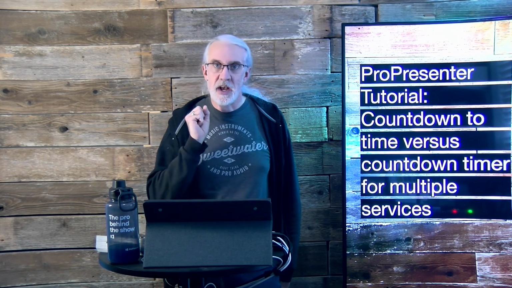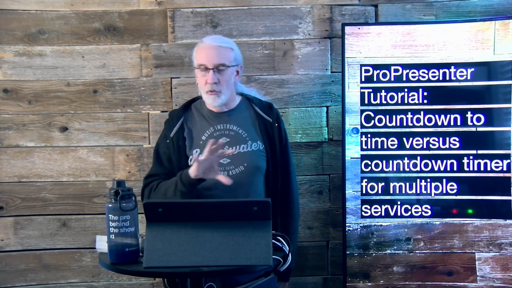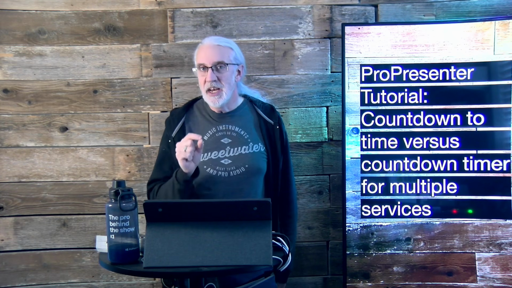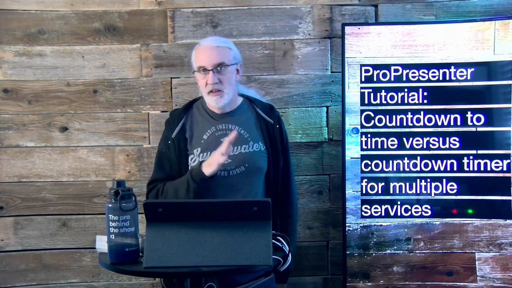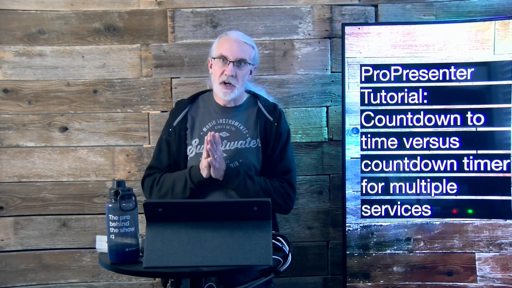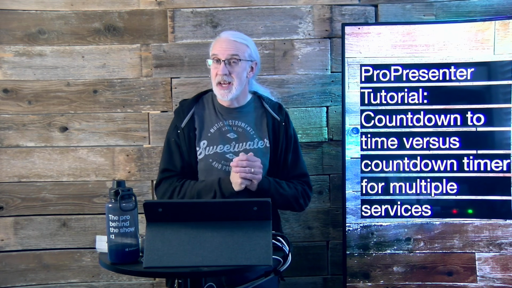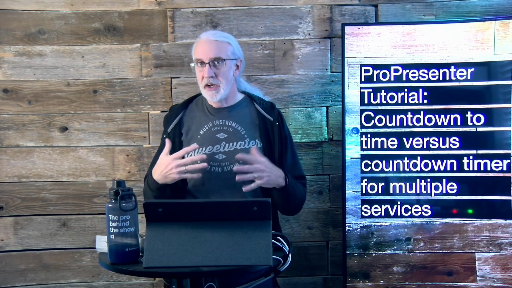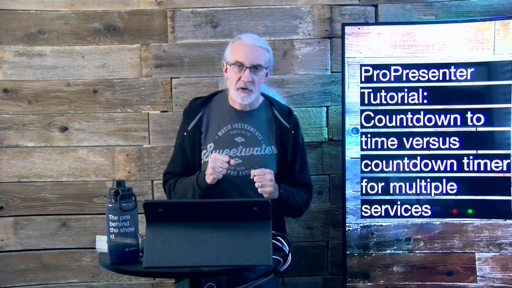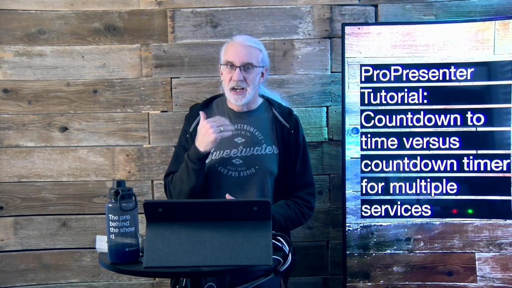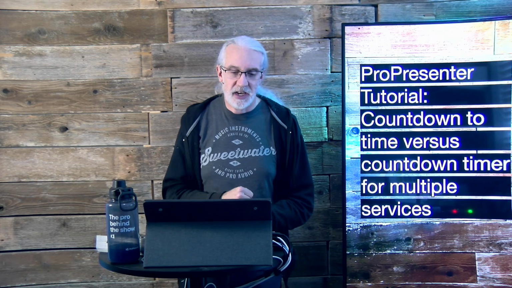Basically, you make a timer, a message, and a macro for every service, and you make a calendar entry for every service. Then, if for some reason timing doesn't work, or I actually had this happen at my church, where I was showing someone something on a beta version that wasn't yet released. I mean, it was a public beta, so I wasn't breaking an NDA or anything. There was a glitch with it, like it had a problem.